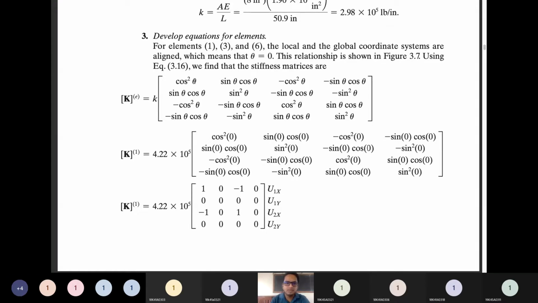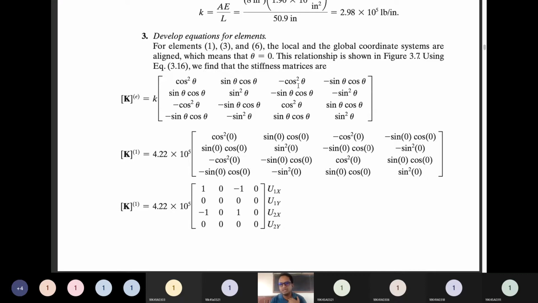In place of theta we substituted 0 degree. So cos square theta means cos 0 square; cos 0 is 1, so the square is also 1. Similarly, sine 0 into cos 0: sine 0 is 0, so multiplication of anything with 0 becomes 0.